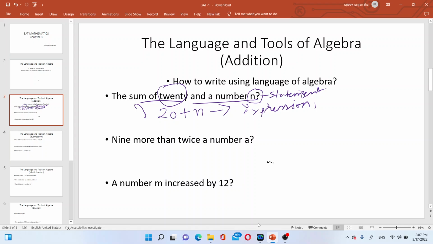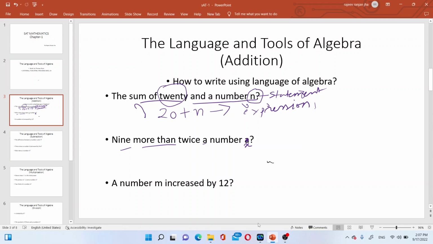Fine. So now we go to the second one: 9 more than twice a number a. So don't get confused. We can represent it by, say, x also, so that there will be no confusion. 9 more than twice a number x.